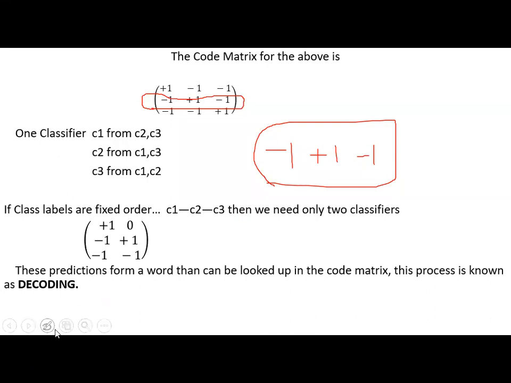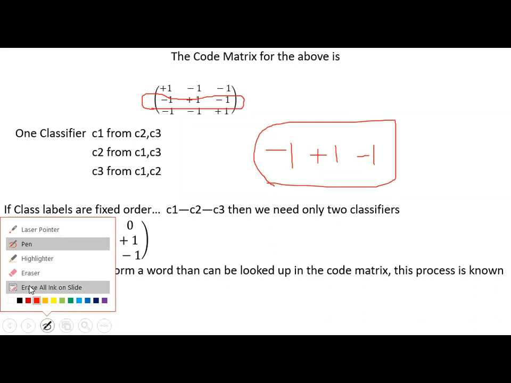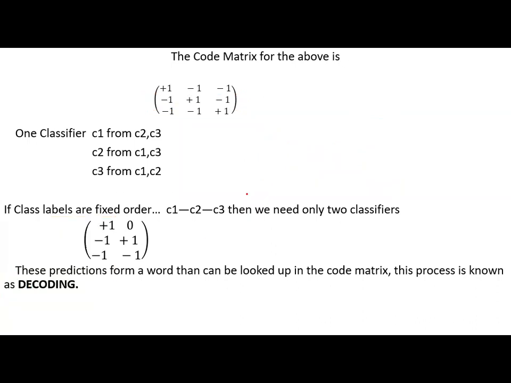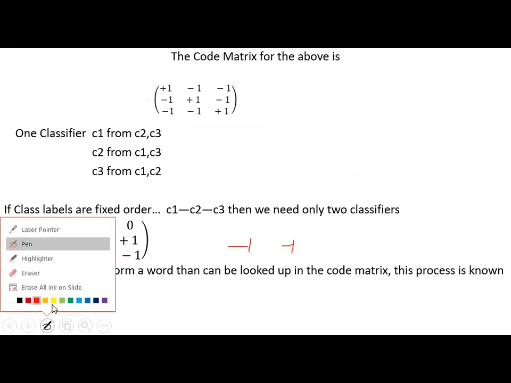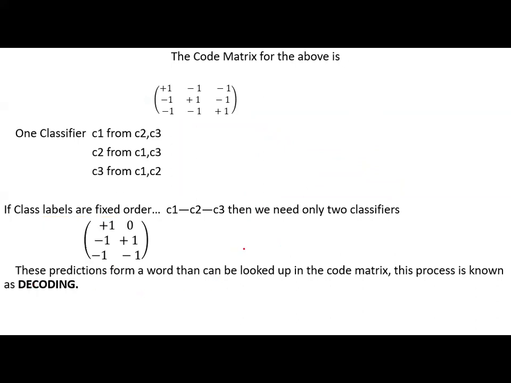What happens if my word is not found? If my word is not there? For example, if you take -1, +1, or -1, -1 and you search here, this is the predicted one.